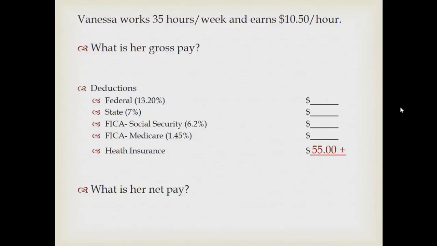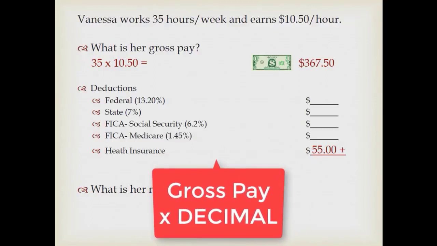To find Vanessa's gross pay, you should have taken her 35 hours times her wage of $10.50 and gotten $367.50. To find her federal tax deduction, you should have taken her gross pay of $367.50 and multiplied it by 13.2% as a decimal, so 0.132, which equaled $48.51.